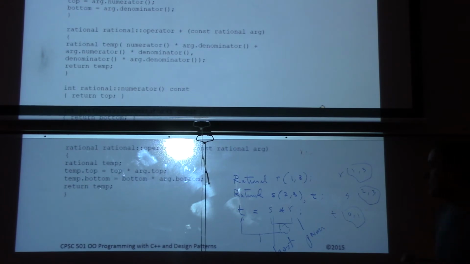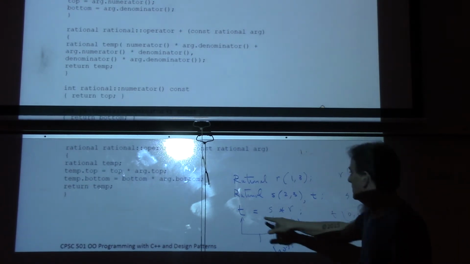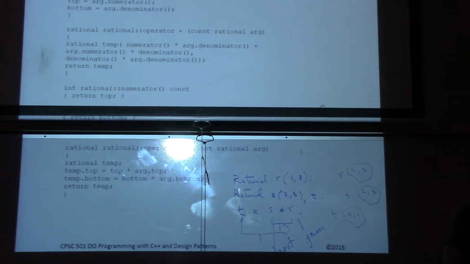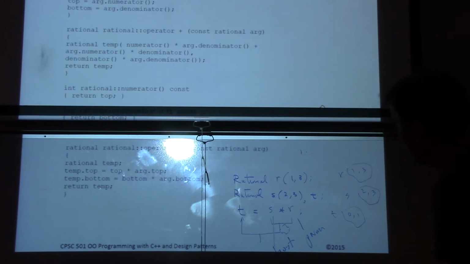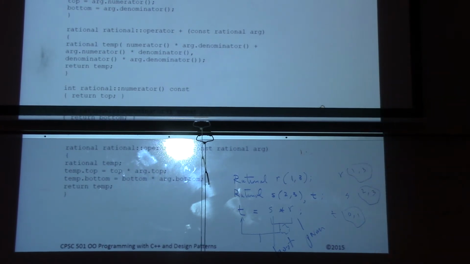But then we have an assignment here, and the assignment operator has also been defined by us. So therefore, the assignment operator, which by the way I think I can see up here, what happens is, you see this guy right here, the return value from this expression? That's the input into arg.